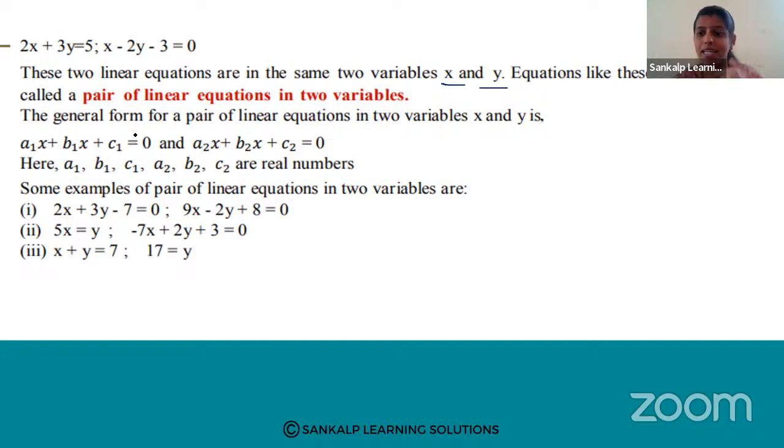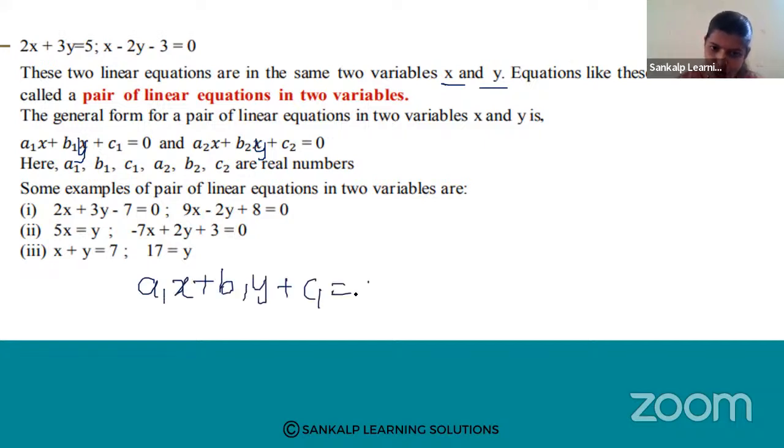Next comes the general form of linear equations. This is a1x plus b1y plus c1, this is a2x plus b2y plus c2. So the general form of a pair of linear equations in two variables is a1x plus b1y plus c1 equal to 0. That means we are using two variables. For the first equation, we represent the coefficients by a1, b1 and c1.